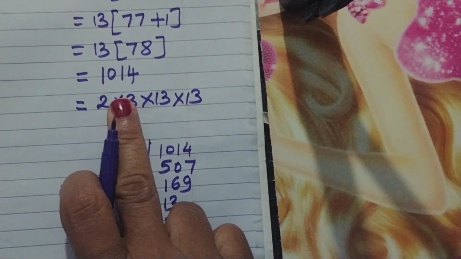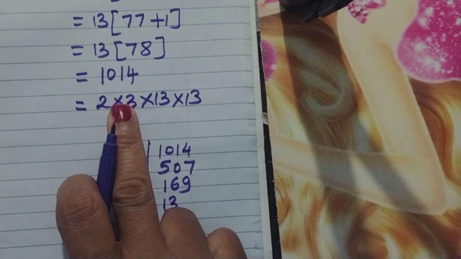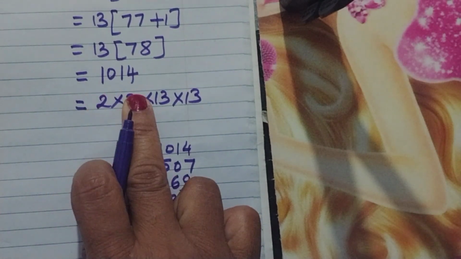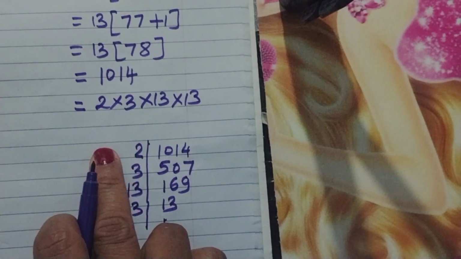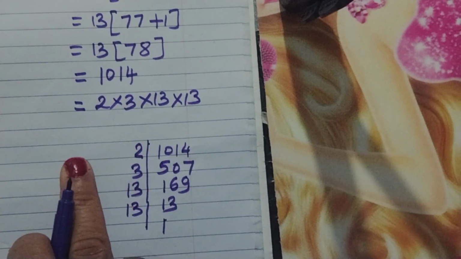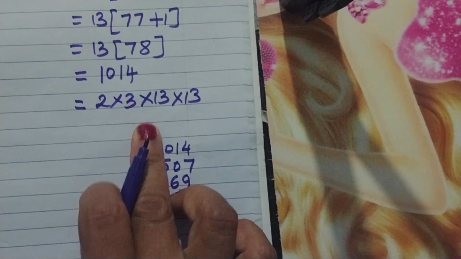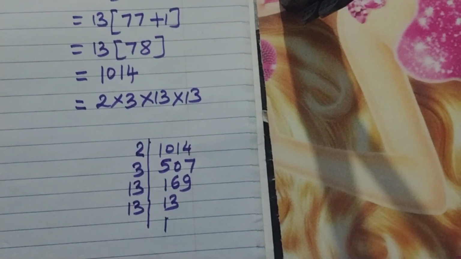So here you can see that 1014 has more factors other than 1 and the number itself, that is 1014 itself. Therefore, it is a composite number.